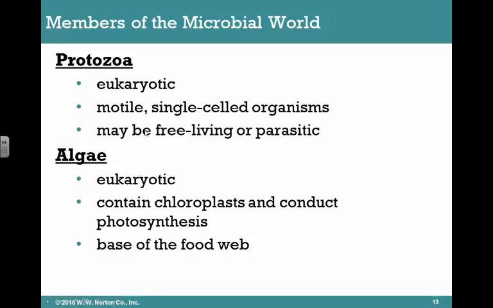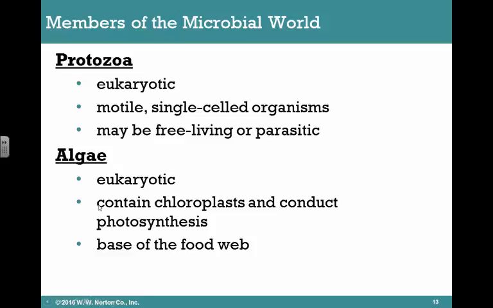And they can be either living free or relying on a host to survive. And in that case, they're parasitic. So they can be pathogens of humans or other animals.